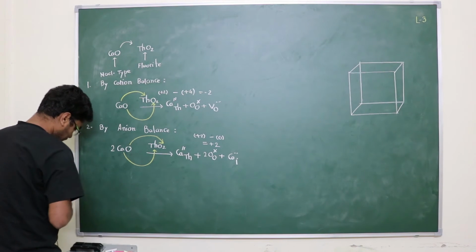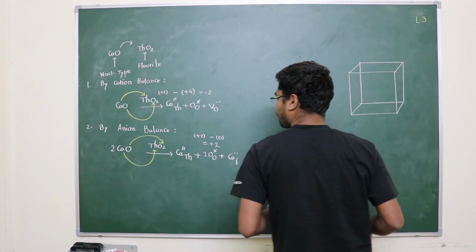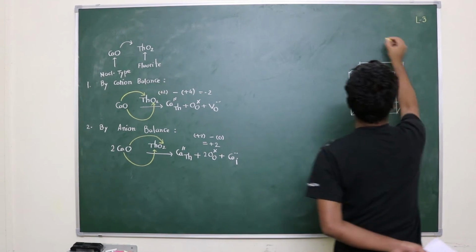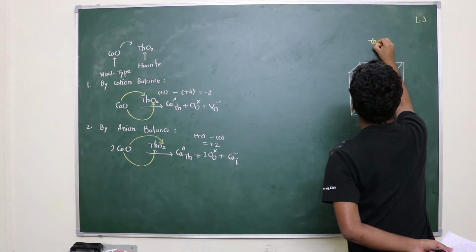what is the structure of thorium oxide? Let's say we are drawing thorium oxide, ThO2.